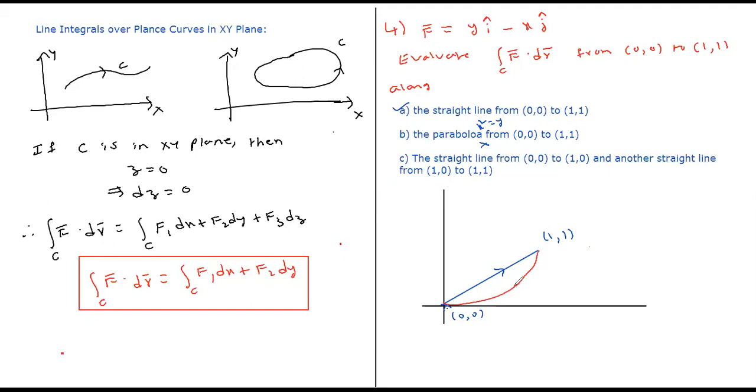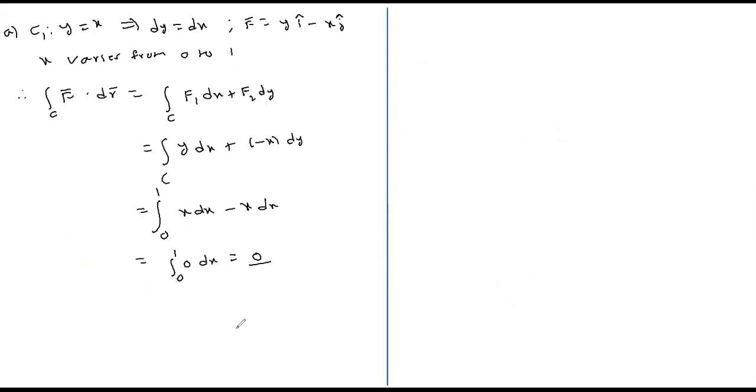This is y equal to x, this is C1, call this C2. Now instead of integrating along the straight line, we want to integrate along the parabolic path. Then what will be the second case? Second case will be like this.